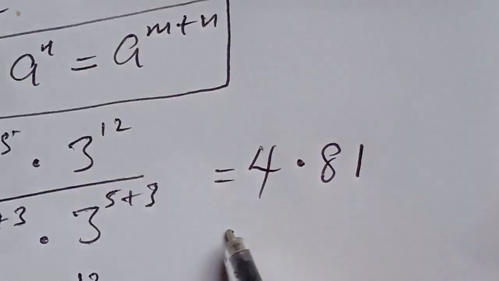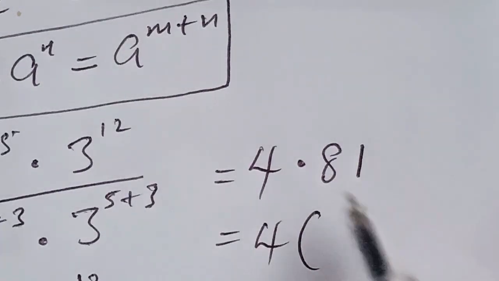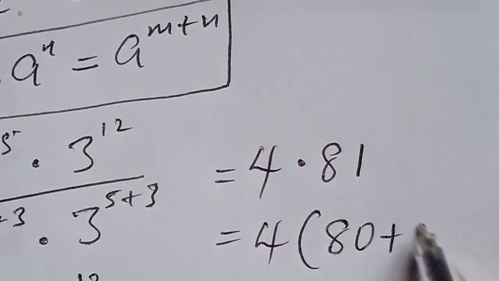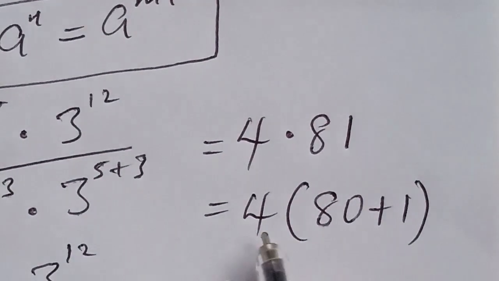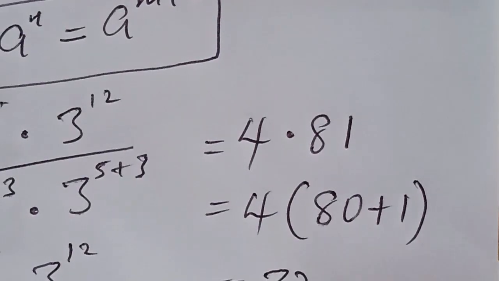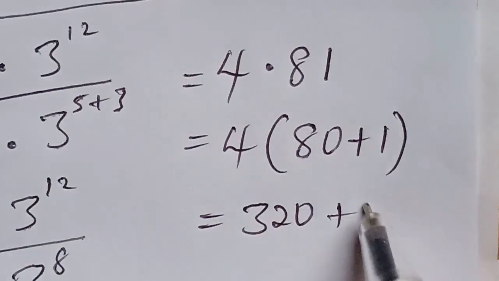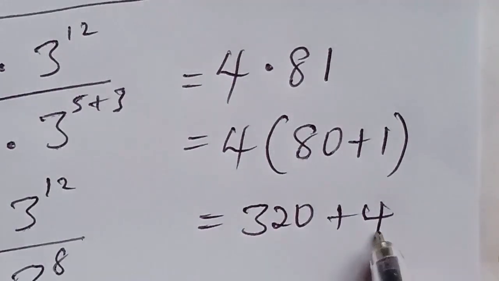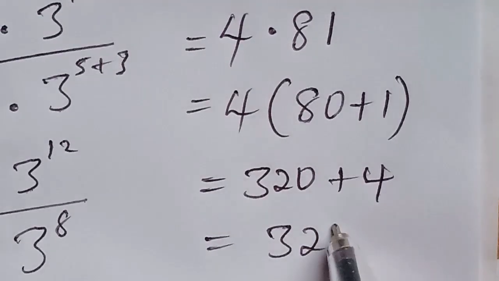So we have that to be equal to 4 into brackets, where we split this as 80 plus 1, and that is equal to multiplying this with this, so we have 320, then multiply this by 1, we have 4. Then you can now add this together, so you now have 324.